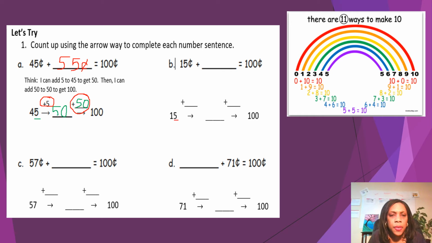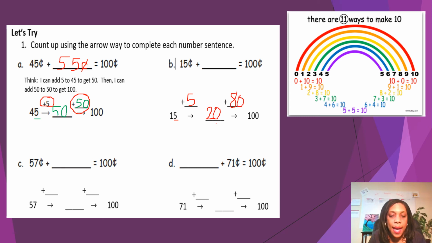If I'm at 15 and I want to get to the next 10 number, I'm going to jump 5 more spaces because I know 5 plus 5 will give me the next 10 number, which happens to be 20. Now that I'm at my 10 number, 20, I can easily get to 100 by adding 80.